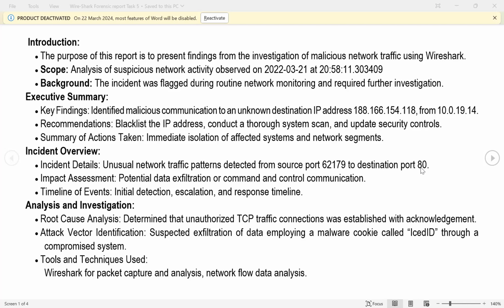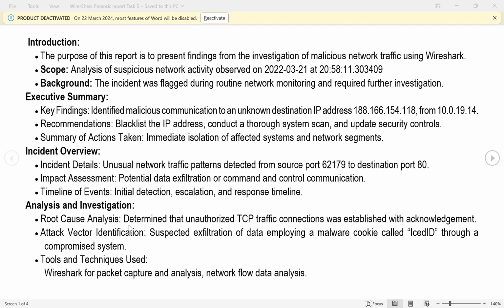And you're going to see screenshots in the next slide. He wrote the impact assessment: potential data exfiltration or command and control communication. All right. Then the timeline of the events. So there was an initial detection, escalation, and response timeline.